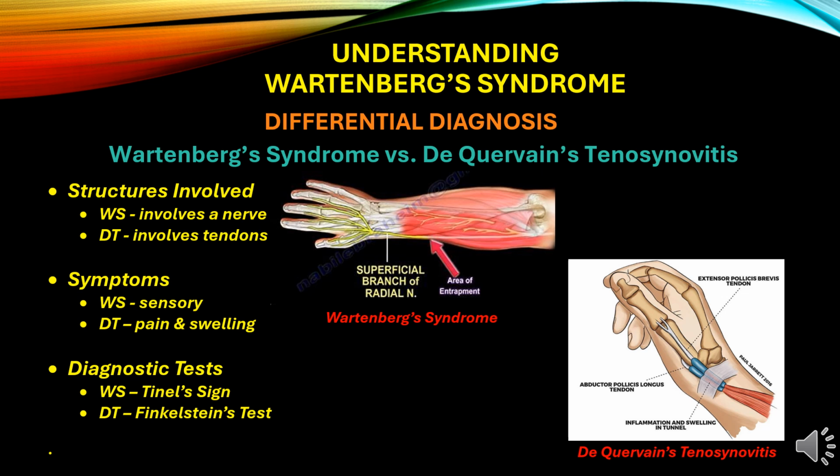The symptoms in Wartenberg syndrome are caused by sensory disturbances, numbness, tingling, the paresthesias, whereas de Quervain's tenosynovitis is primarily causing pain and swelling of the tendons themselves. In diagnostic testing, as I had mentioned, Tinel's sign is used for Wartenberg syndrome, while Finkelstein's test is specific for de Quervain's tenosynovitis.